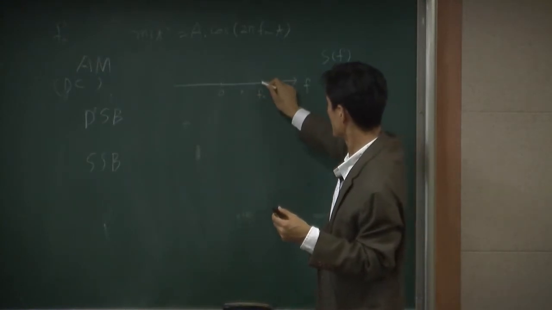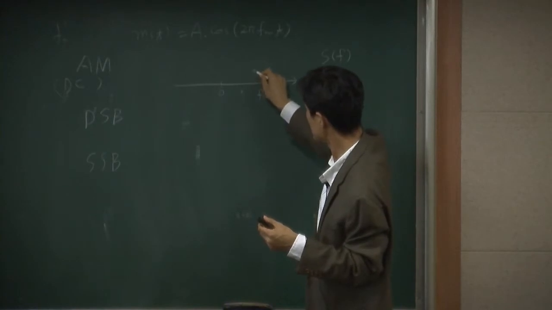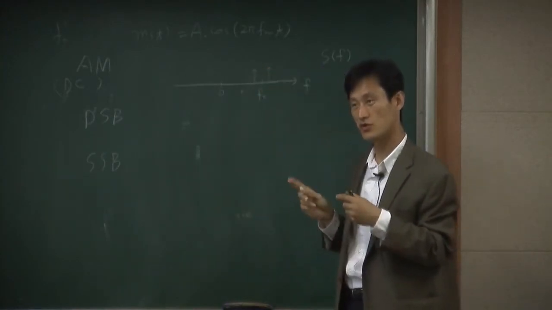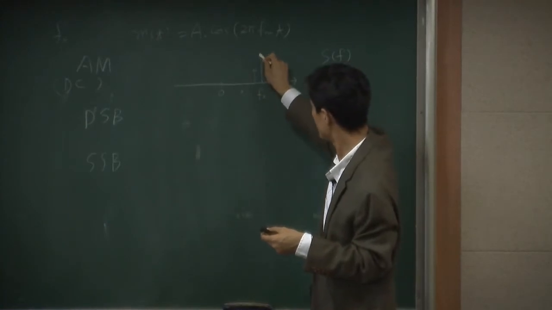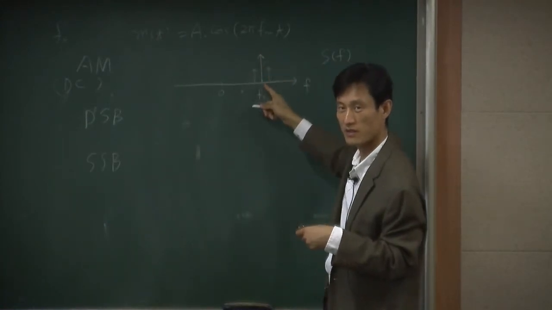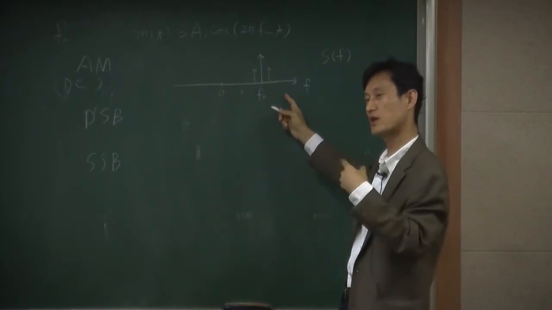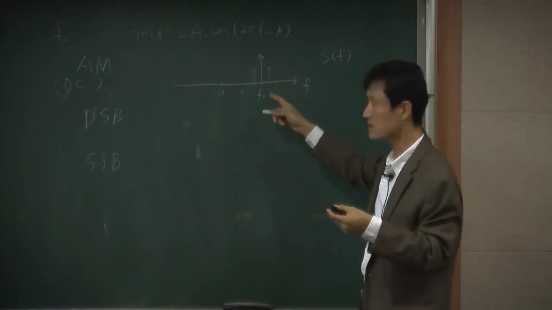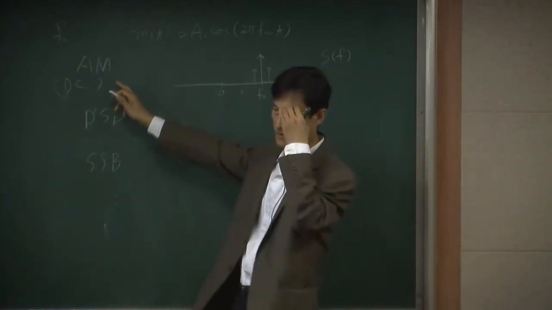It's going to have this kind of impulse from your original message, right? And also you have the carrier component. Remember that? This is going to be your output in the frequency domain. So that's what you're going to transmit over the air, but this is just a frequency plot.